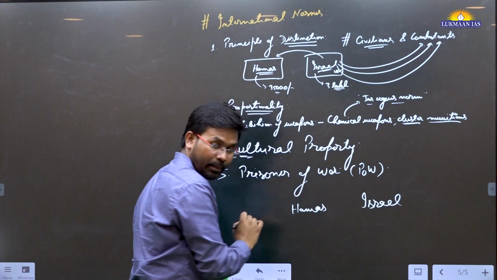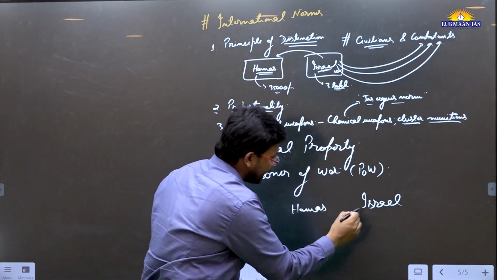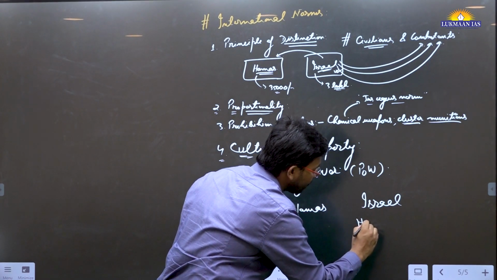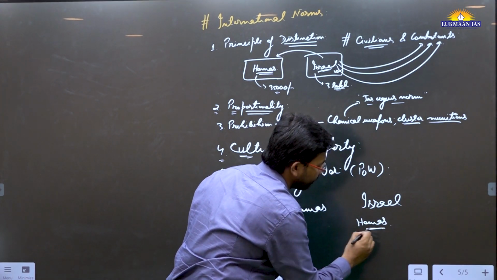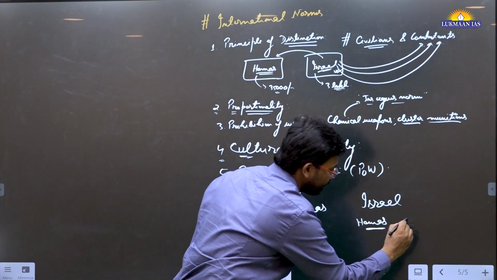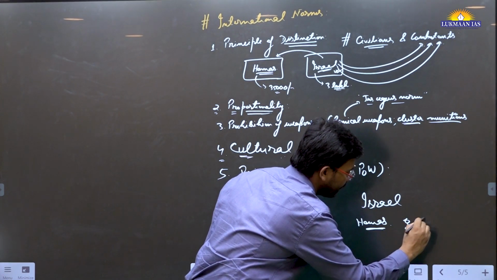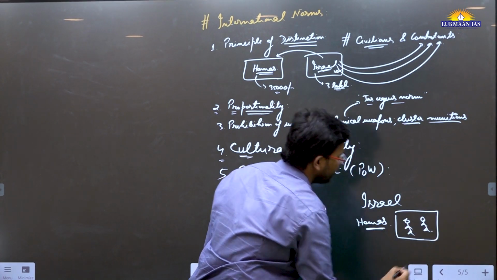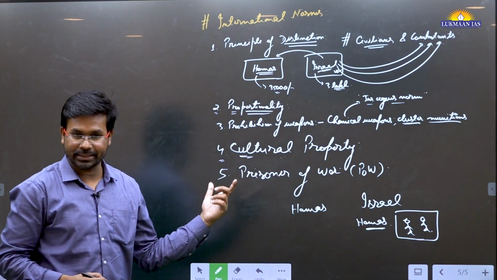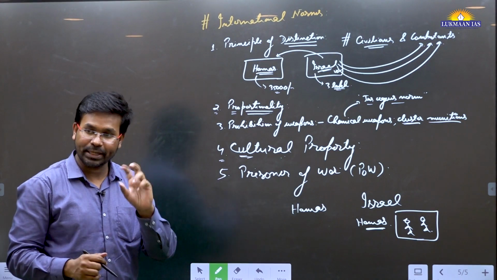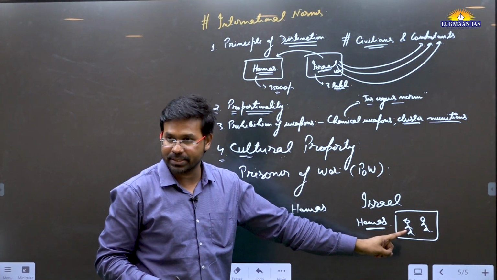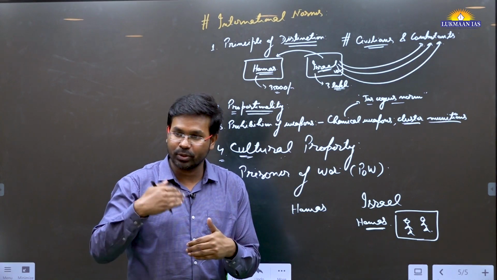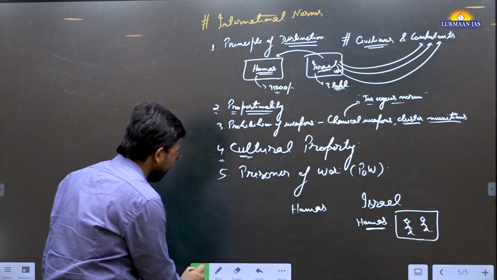In case Israel captures some combatants of Hamas during the war, maybe 100, 200, 500, they did not kill them, they have just captured them. After this war ends, and during the warfare also, what kind of treatment will they provide to the prisoners of war? This is regulated by the Geneva Conventions.